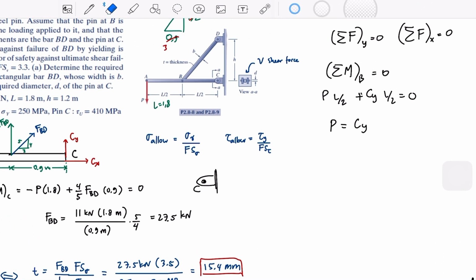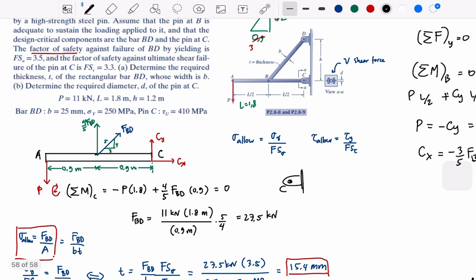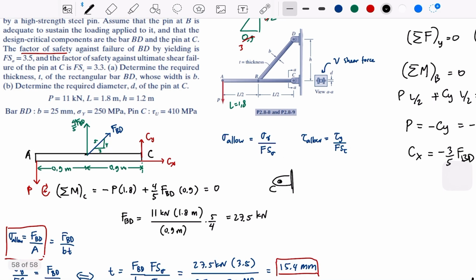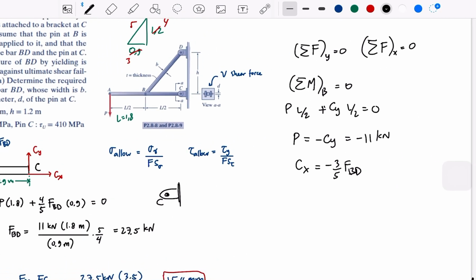So negative, sorry, negative. So this is negative 11 kilonewton. Okay. And then Cx, from the sigma on the x-axis, Cx is equal to negative 3 over 5 FBD, right?